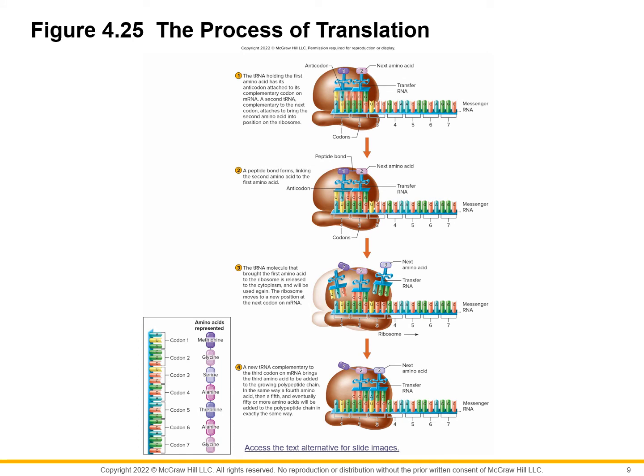This is showing the process as it's pulling it through. As it's moving through, it's going to place the next amino acid in the chain, and the chain will just keep growing until we have a polypeptide, and then it will be packaged as a protein.